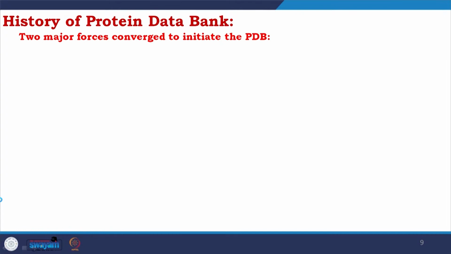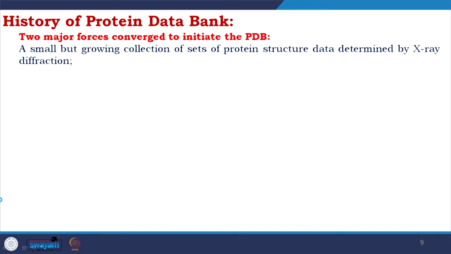As I told, coming to the history of the protein data bank, there are 2 major forces which converged to initiate the protein data bank: a small but growing collection of sets of protein structure data determined by X-ray diffraction. I have talked about these. If you remember the history I talked about in the time of X-ray crystallography, when I talked about protein structure determination, DNA structure determination, all of them started at the end of the 1960s and early 1970s.